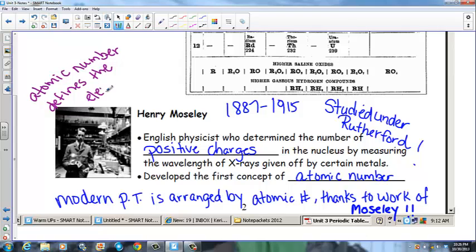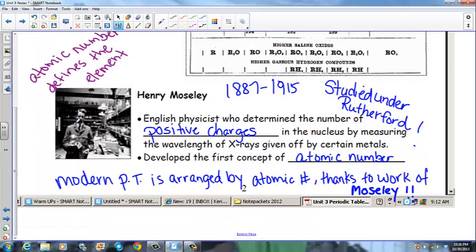If we know the number of protons, we then know the atomic number, and we can look that up on the periodic table and figure out what element it is. So the modern periodic table is arranged by atomic number, and we now know that thanks to the work of Mr. Moseley. And there he is right there. Not a great picture.